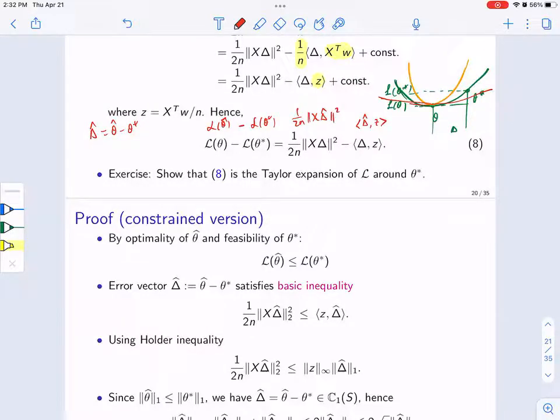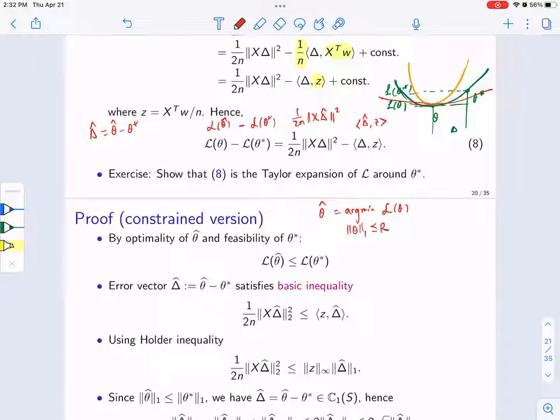So the next step is to use this so-called basic inequality. Theta hat is the argmin of L(theta) subject to the norm of theta in L1 being less than R. That's the constrained version.